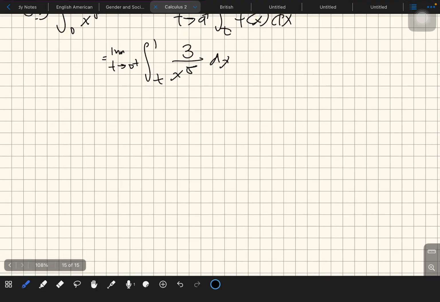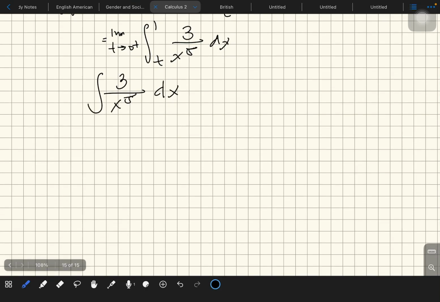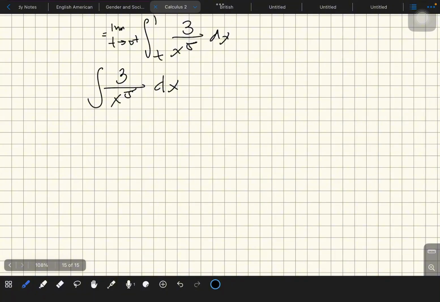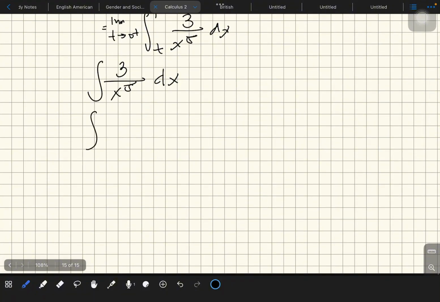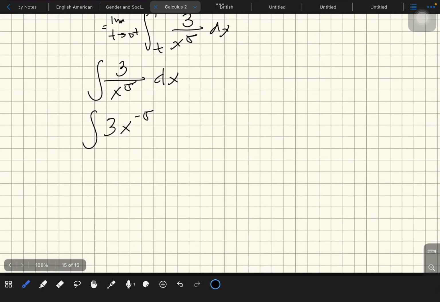So let's integrate first. So this will become, or rearrange to, 3x raised to negative 5. So this will be 3 times x raised to negative 4 over negative 4.